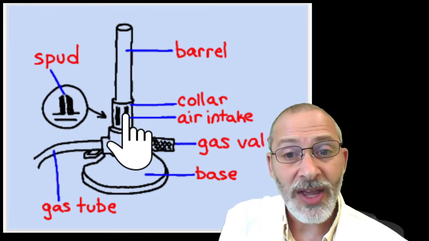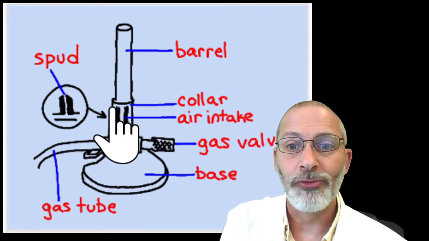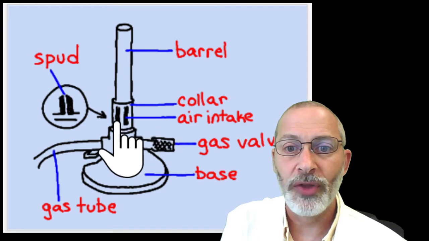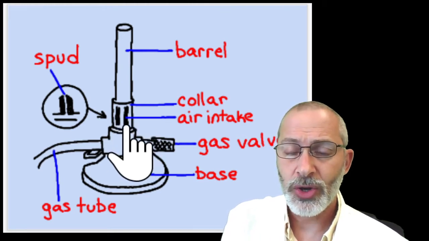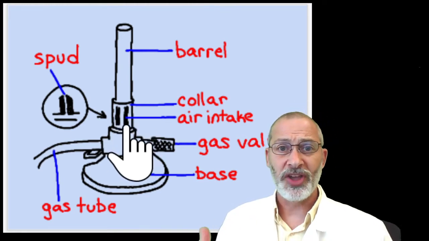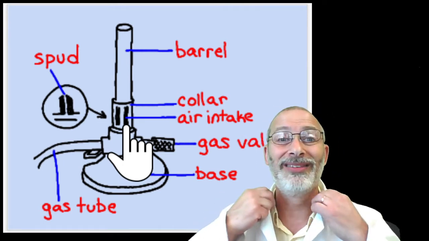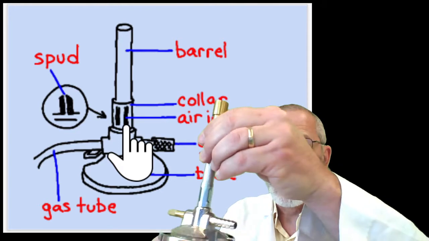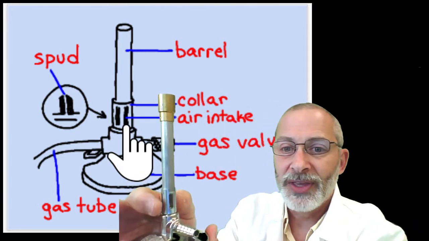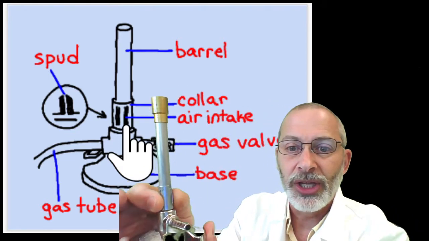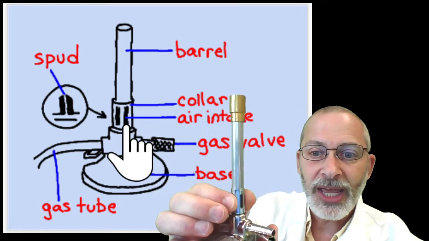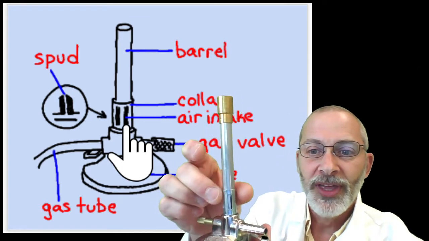At the base of the barrel, you have a rotating device called the collar. So when I refer to the collar, when we're using the Bunsen burners, we're not talking about the collar of your shirt, but rather this open cylinder here that rotates back and forth.